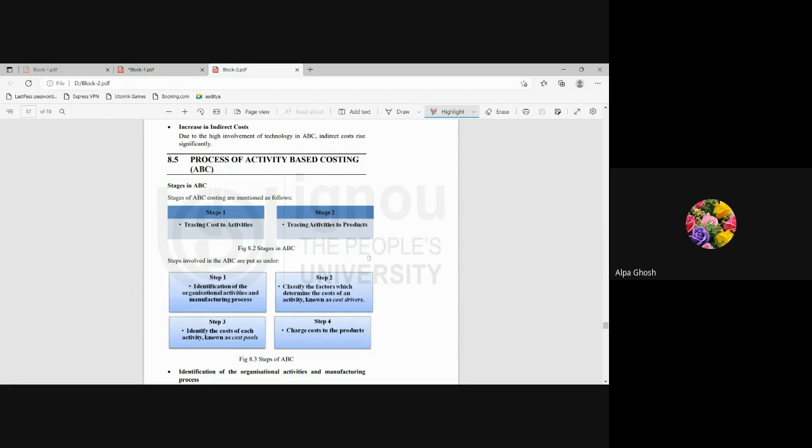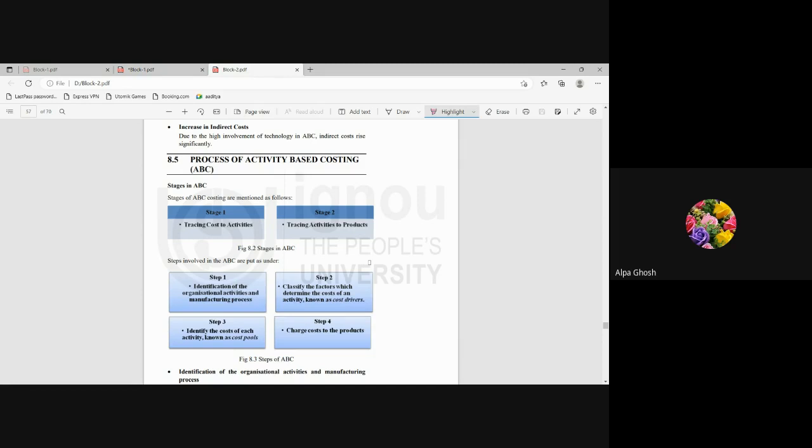The stages of ABC costing are: stage 1, you need to trace the cost for each activity, and then we need to trace the products for which the activity is performed. The steps involved in ABC costing are identification of organizational activities and the manufacturing process.